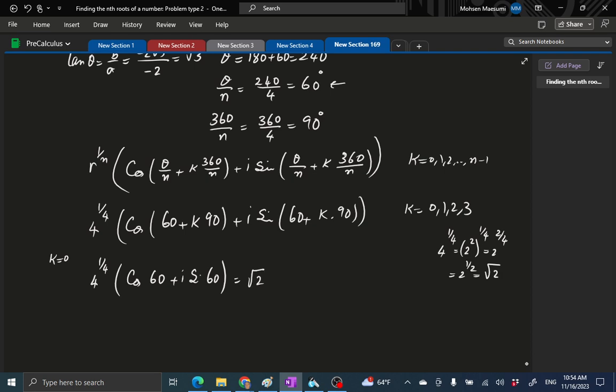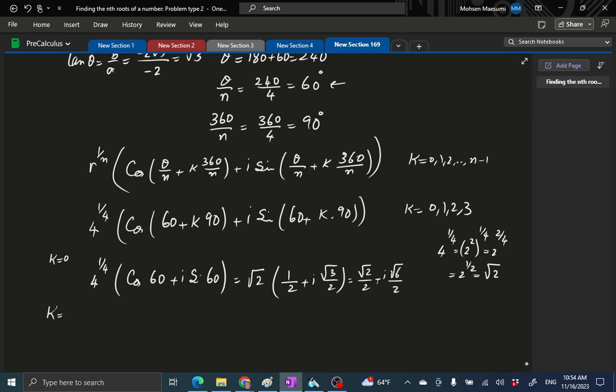This is square root of 2 times cosine of 60. What is cosine of 60? Cosine of 60 is 1/2, and I times radical 3 over 2. So I get radical 2 over 2 plus I radical 6 over 2. Radical 2 times radical 3 is radical 6.